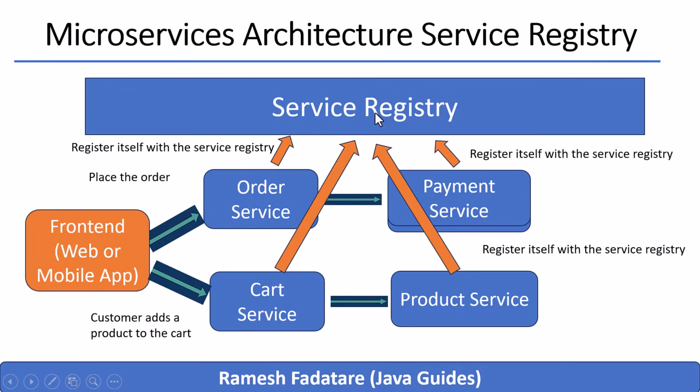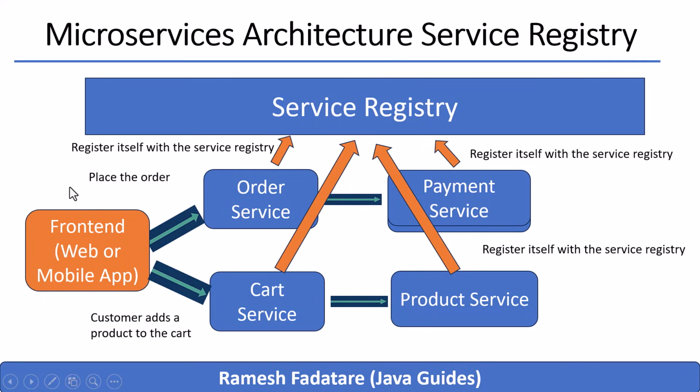Then when another service like the order service wants to talk to payment, it doesn't go looking randomly. It asks the registry, hey, where's the payment service? And the registry responds with the current location of one of its instances. That lookup is fast, it's dynamic, and it's accurate because the registry only holds data about services that are up and running.